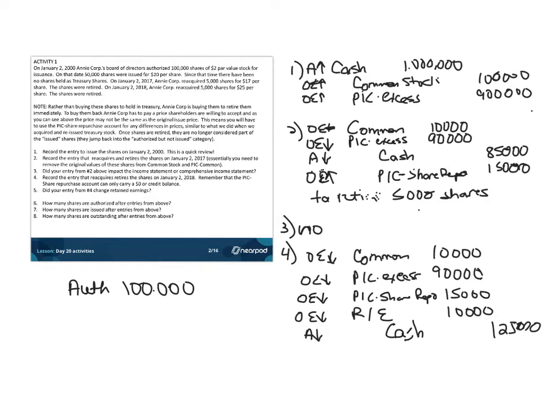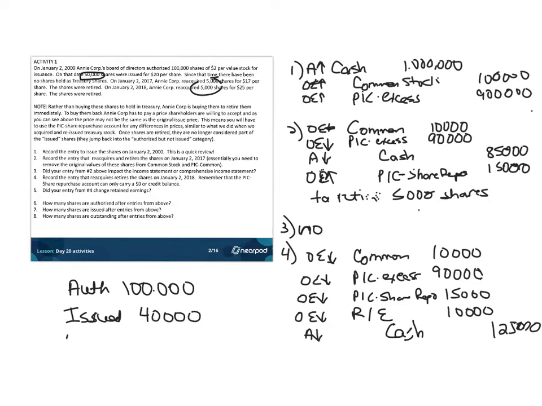The next question is, how many shares are issued? Good question. Now here you think about, we originally issued 50,000, and now we have retired a total of 10,000. So my issued shares at this point are going to be 40,000.